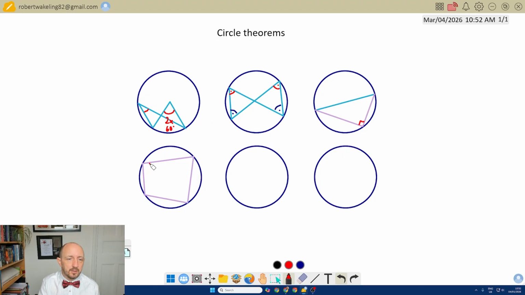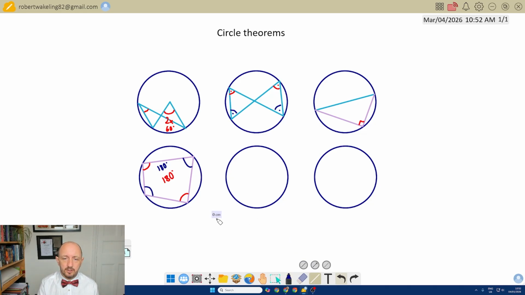When that happens, if you look at the opposite corners, they add up to 180 degrees. This corner and this corner will also add up to 180 degrees. Four-sided shapes always have 360 in, but for a circle theorem, the opposite corners have an added property. They add up to 180 degrees.